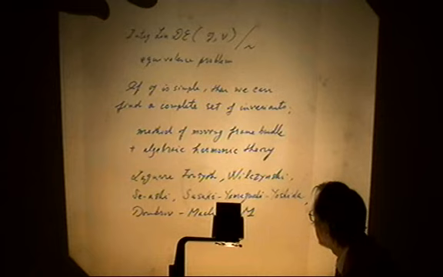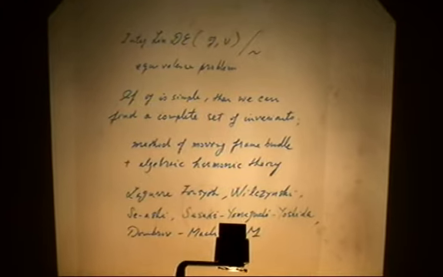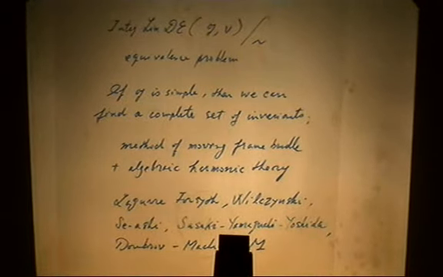So the equivalence problems, when G is simple or semi-simple, and V is say irreducible, can be completely solved with the method of moving frame bundles and with algebraic harmonic theories.